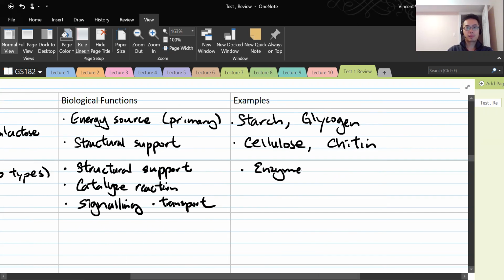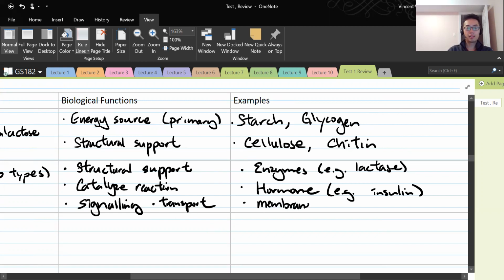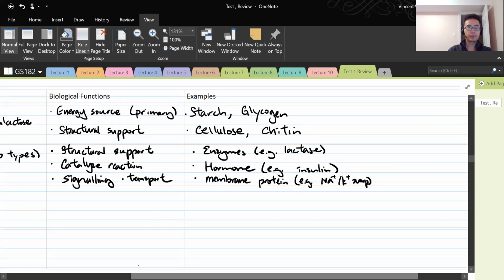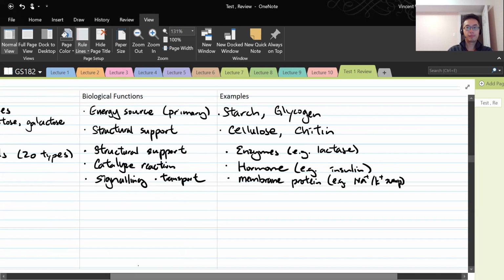We talked about an enzyme earlier, lactase, which breaks down lactose. Hormones for signaling, an example would be insulin. Transport would be something like a membrane protein, and we know, for example, the sodium potassium pump. That's the proteins.